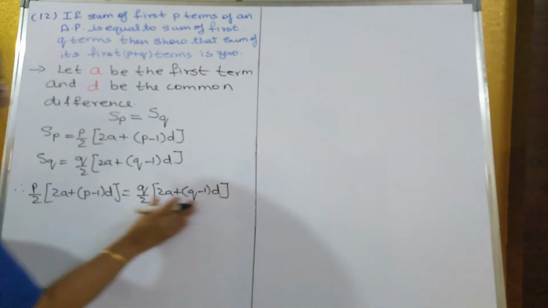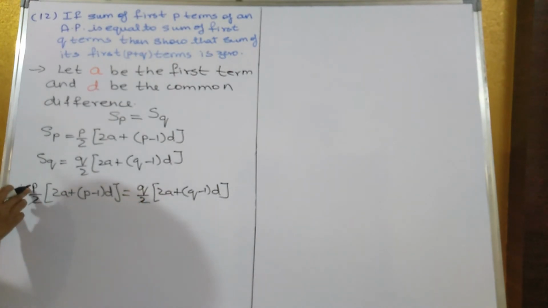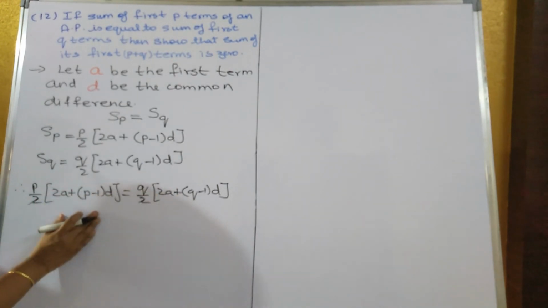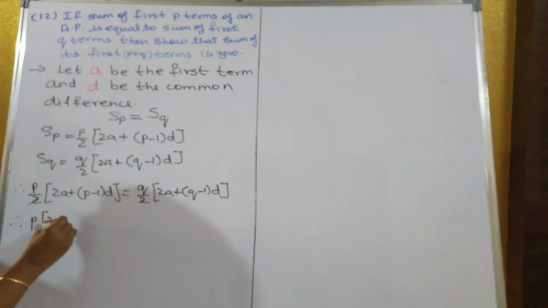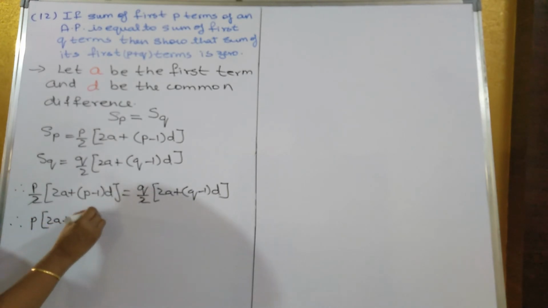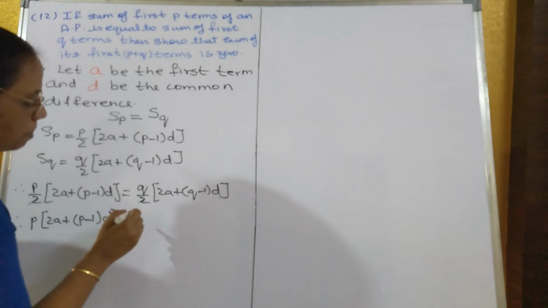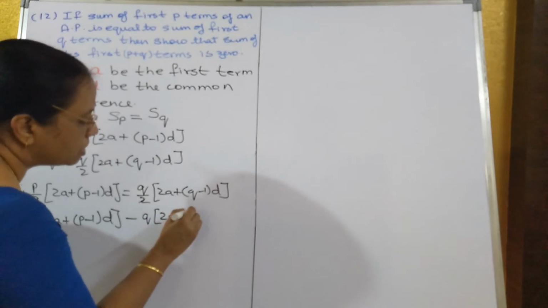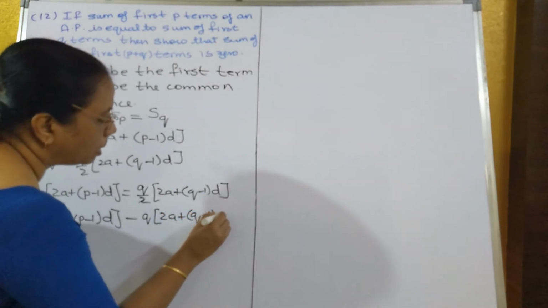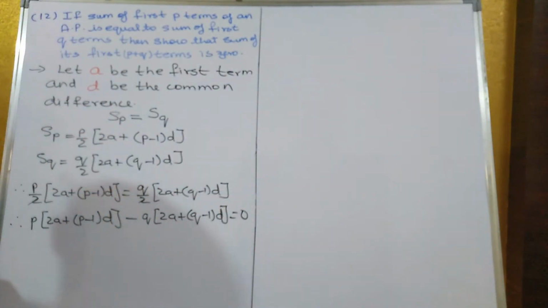Now bring this over here, 2 and 2 will get cancelled. So what is left? Bring this whole thing on this side. So what we will get? P, only P is left, 2 is already cancelled, 2A plus P minus 1 into D. When this comes on this side, it will become minus Q into 2A plus Q minus 1 into D, and that is equal to 0 because we have brought everything on this side.